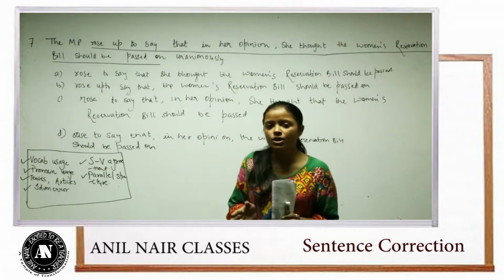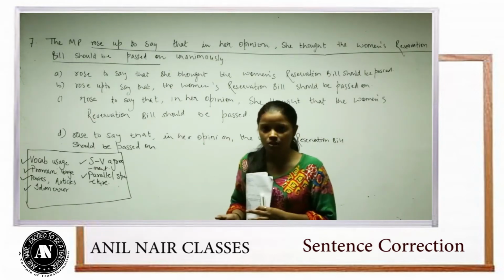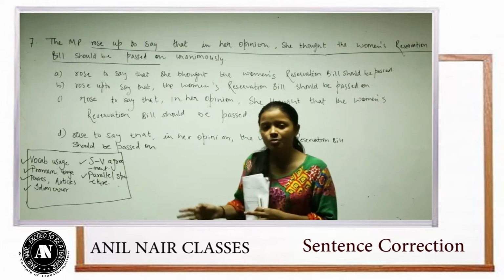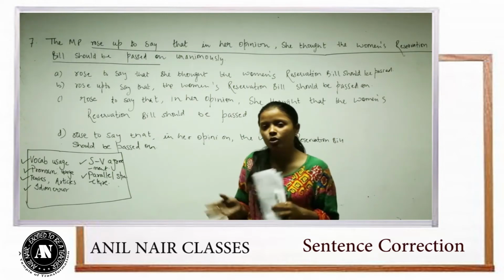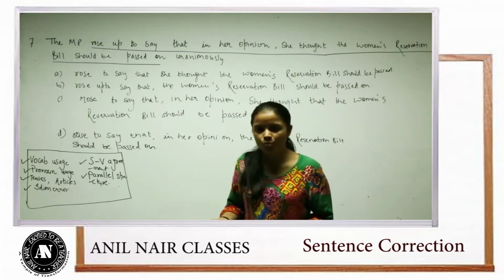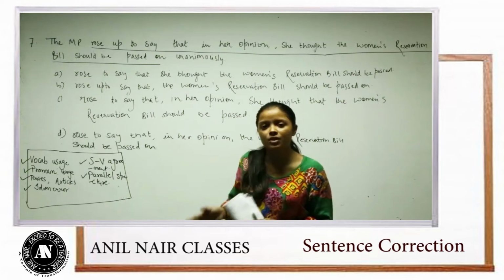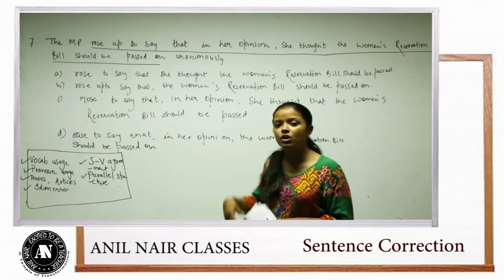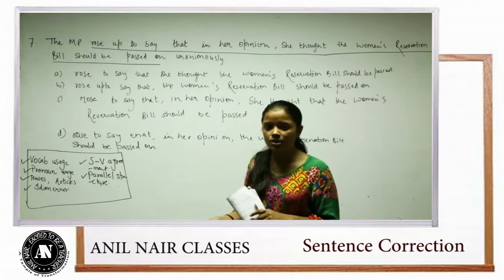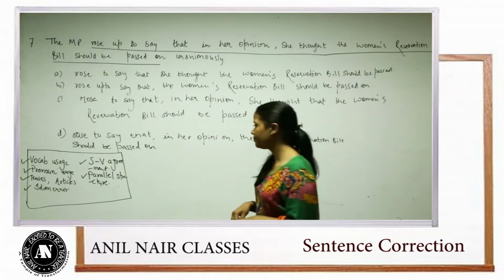Because here one item is an action and another is an emotion. She loves music is an emotion. She plays basketball or football is an action. So you cannot combine action with emotion. It has to be action and action, or emotion with emotion. In this way you have lots of rules in parallel structure which you should be thorough with if you are attempting sentence correction.